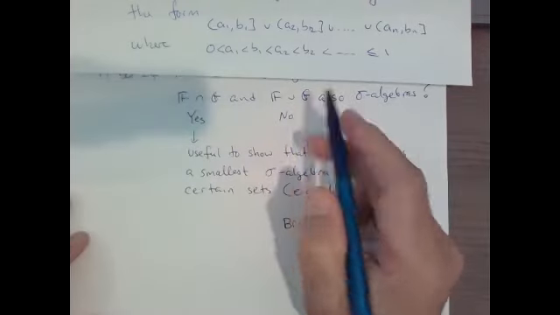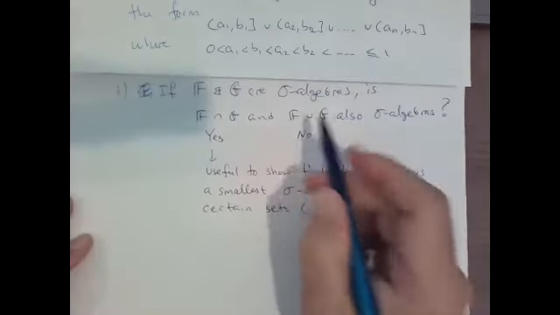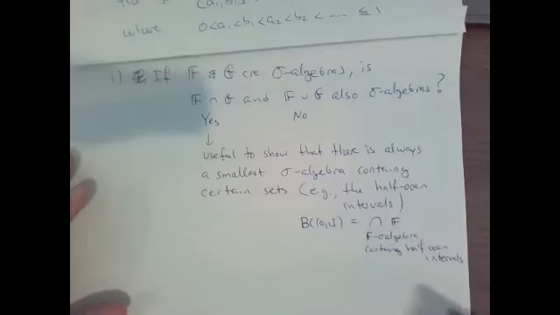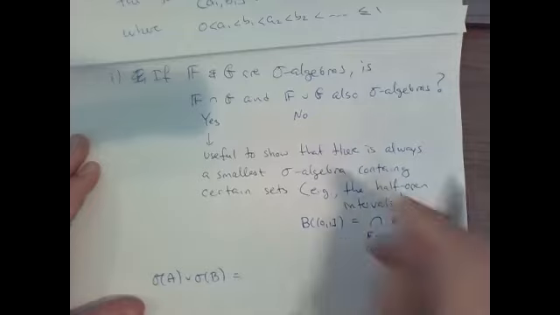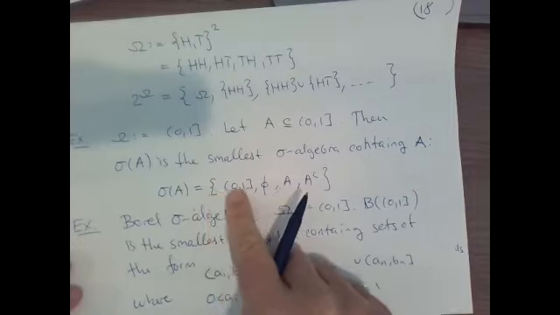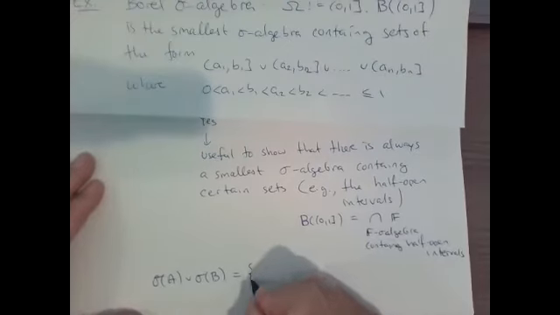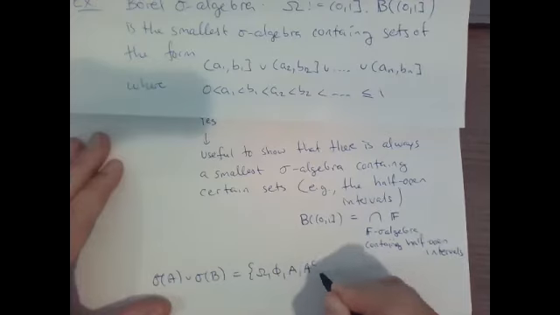Now, this is more frustrating. You cannot take unions, so why can you not take unions? If I take two sets here, the union of sigma A and sigma B, using the formula, I'll get the whole space, the empty set, A and A complement, and B and B's complement.